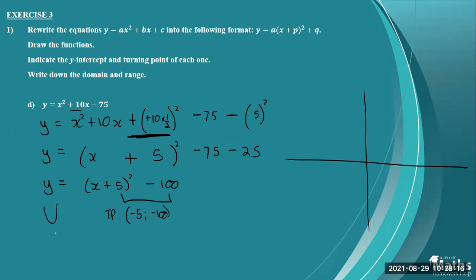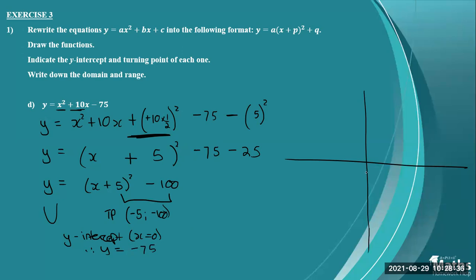The shape will be positive. And let's also get the y-intercept. So for the y-intercept, you make the x equal to 0. I'm just going to read it off. Therefore, you make all of those 0. The y is equal to -75.